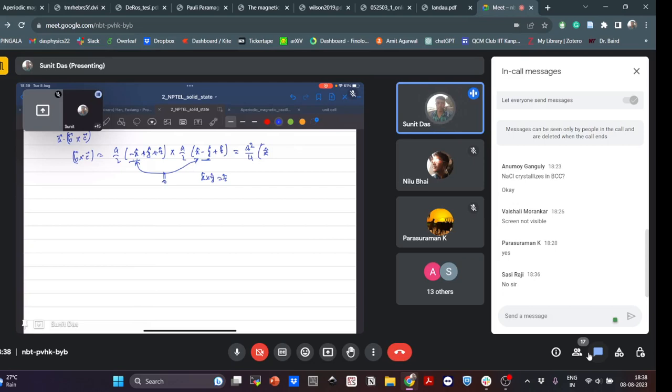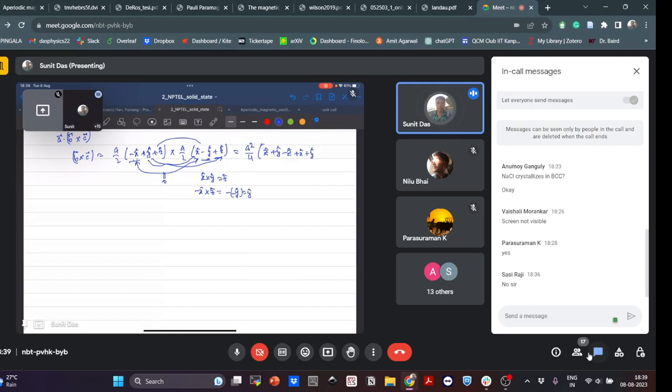Similarly, minus X cross Z, X cross Z is usually minus Y, so it is Y cap. Similarly, Y cross X will be minus Z cap. Y cross Y will be 0, and then Y cross Z will be plus X cap, and Z cross X is plus Y cap.